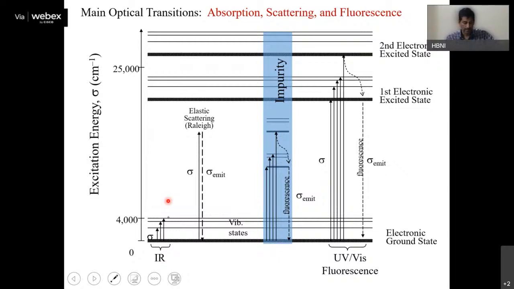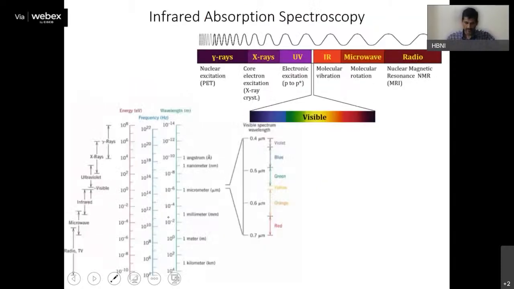Now we know that the electromagnetic spectrum spans a large range, starting from radio waves to gamma rays. Depending upon the kind of property we want to investigate, we can use different kinds of electromagnetic radiation. Today we will be using the infrared and visible spectrum, and UV.